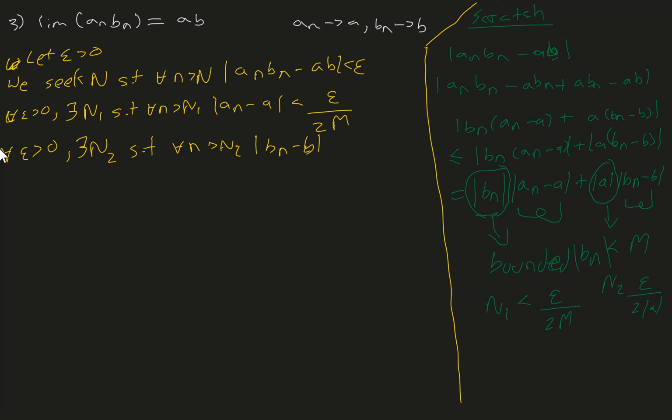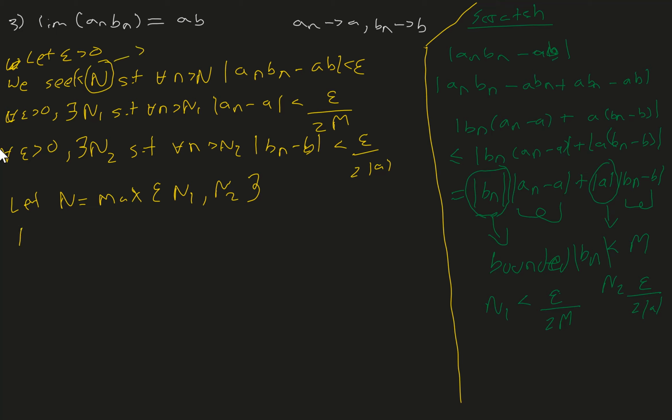I'm going to make it smaller than epsilon over 2|a|. So let N equal the maximum of N1 and N2. So we found that N, we were seeking that N, remember?